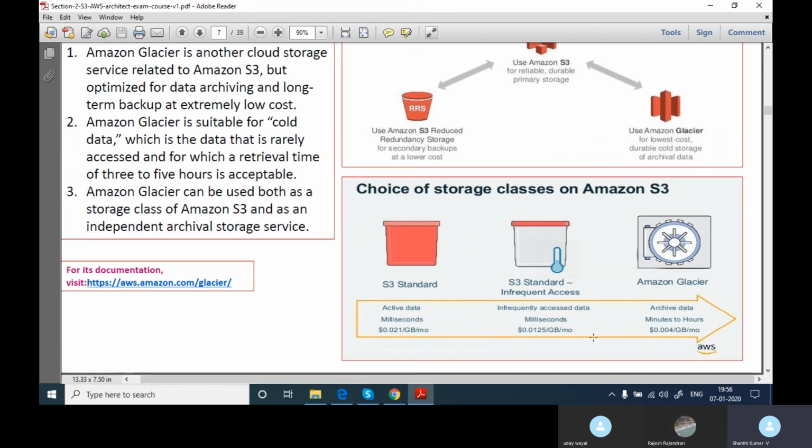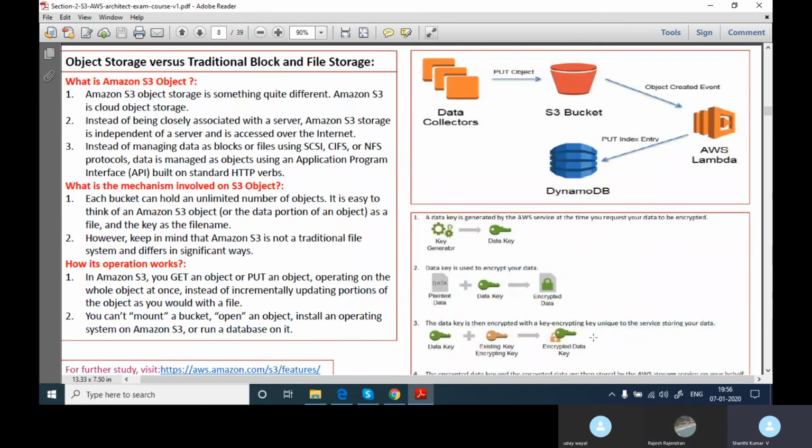So what is an S3 object? S3 object storage is something quite different, and S3 is cloud object storage. Instead of being closely associated with a server, S3 storage is independent of a server and it is accessed over the internet.